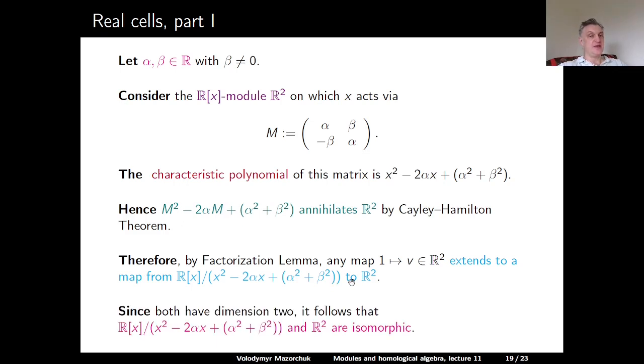Note that the image of this homomorphism cannot have dimension 1 because our matrix M doesn't have real eigenvalues. So if v is non-zero, the image of this homomorphism must have dimension 2. So it's surjective. But then the original module also has dimension 2. So since both modules have dimension 2 and the homomorphism is surjective, it's an isomorphism.